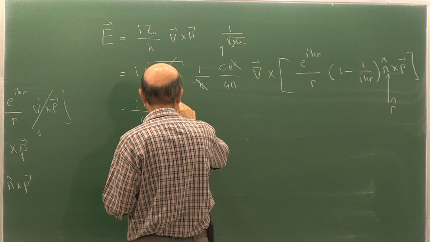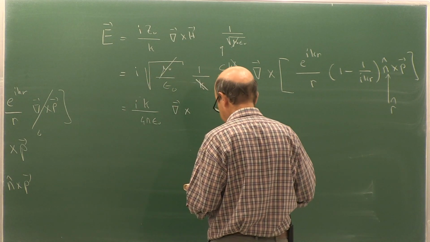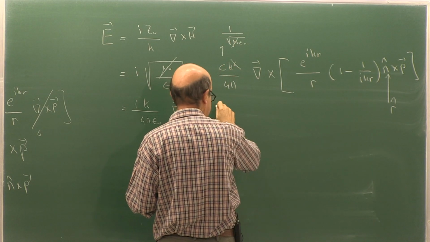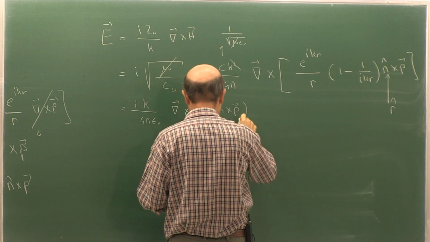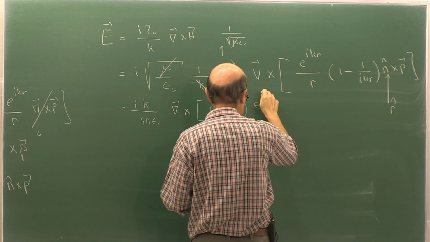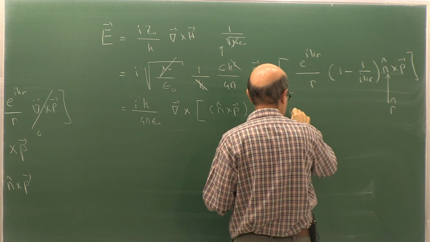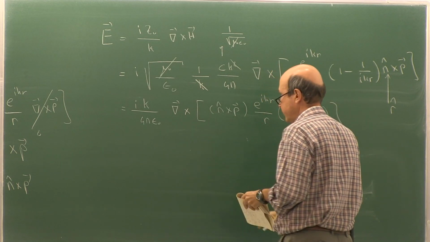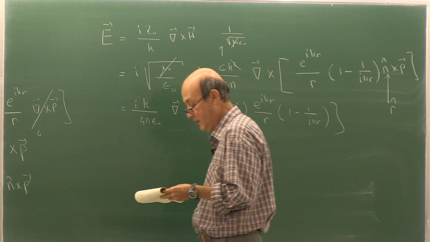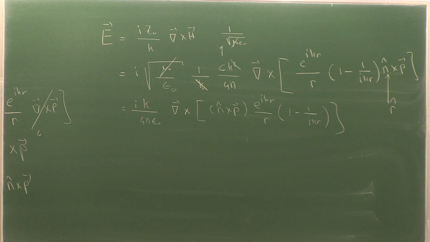So the rest is the curl of, let me take the n cross p ahead, n cross p times e to the ikr over r times 1 minus 1 over ikr. This calculation will be a little bit long, but I have to do it at some point because you have to see some steps.